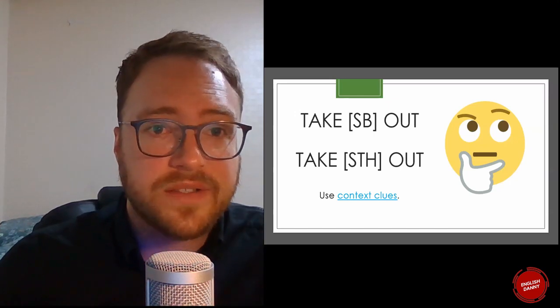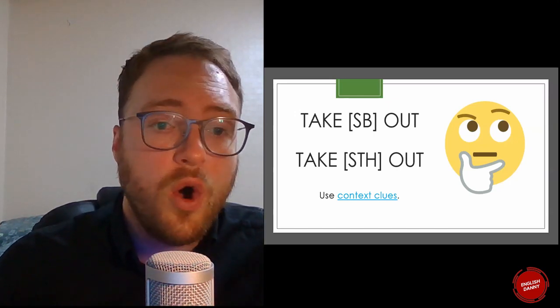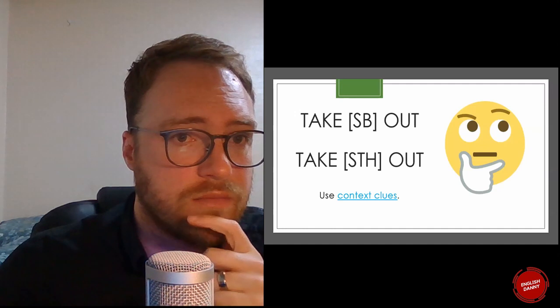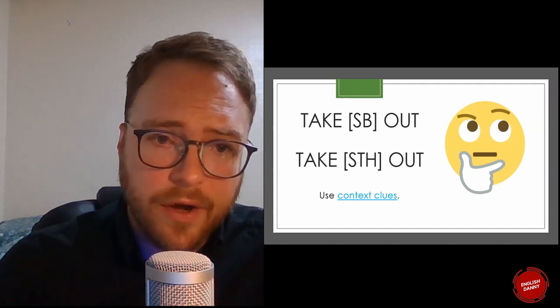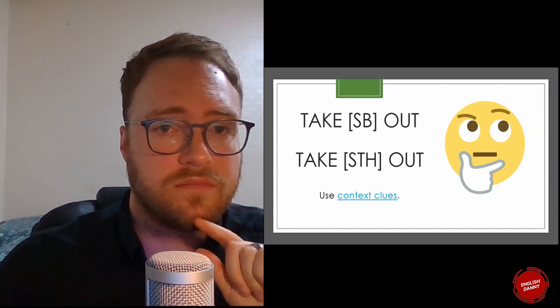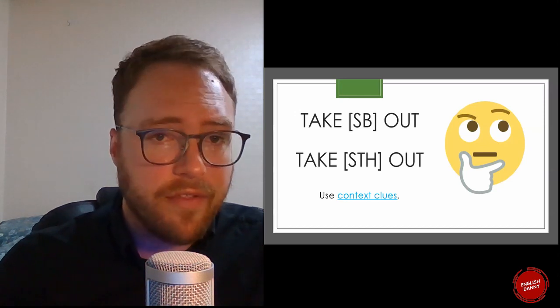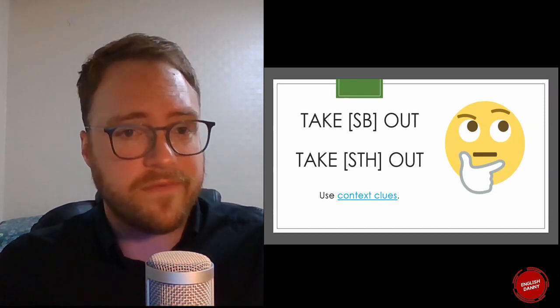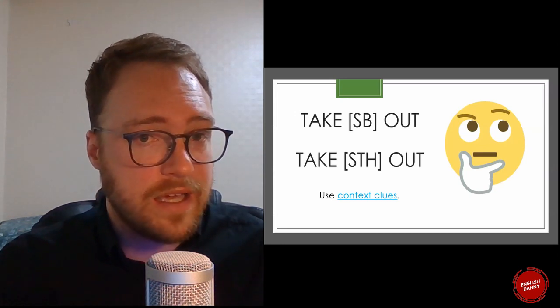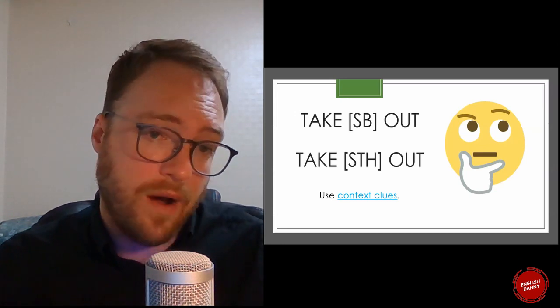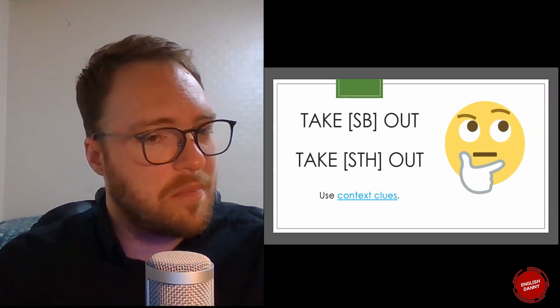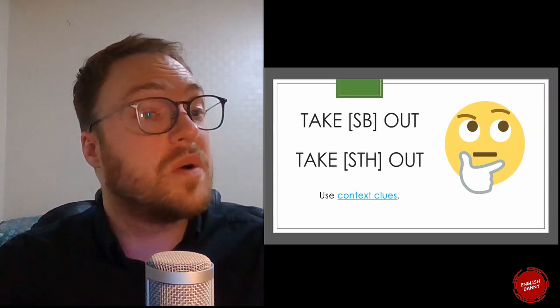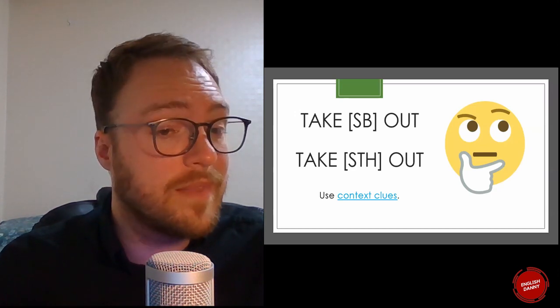You should ask questions like, who is talking? And what are they talking about? If a father and a son are talking, and the father asks if he can take the son out, he probably means to go to a restaurant.